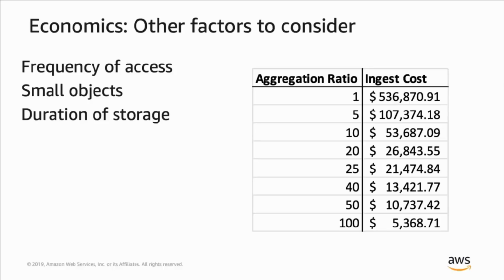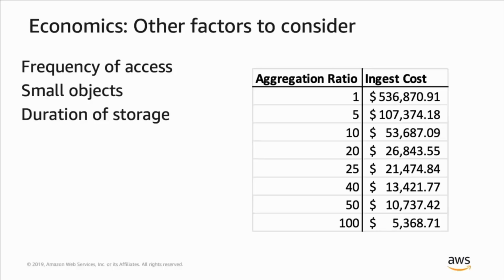If it's a Deep Archive object, it's 32 kilobytes at the Deep Archive storage rate. And again, with a lot of small objects, say your object is only 50 kilobytes, now you're paying not for 50 kilobytes of storage in Glacier or Deep Archive, you're paying for 82 kilobytes, and you're also paying for 8 kilobytes in S3 standard at a higher storage cost.